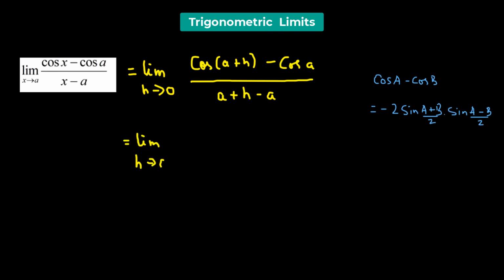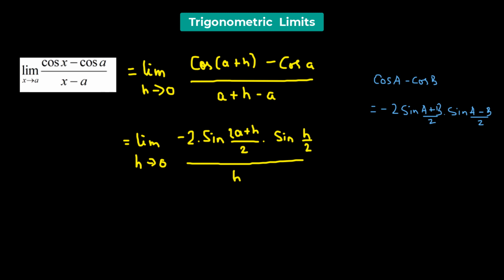So let us apply this, and this is going to give us limit h approaching 0. So we have negative 2 times sine of a plus h plus a, so that means we have 2a plus h over 2, times sine of a plus h minus a, so the a and a get cancelled, so we have h over 2, divided by, so the a and a get cancelled in the denominator, leaving us with h.